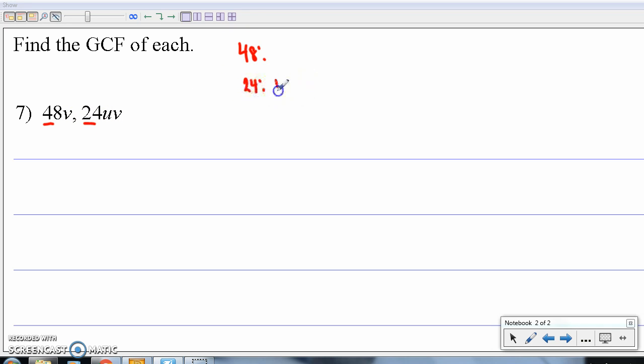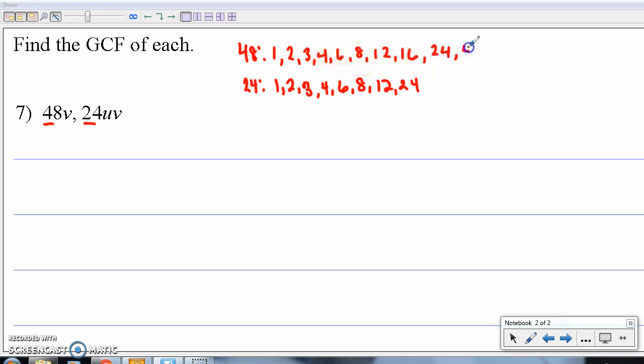So if I start listing out factors of 24, I have those, and 48, just making sure I'm not missing any there.